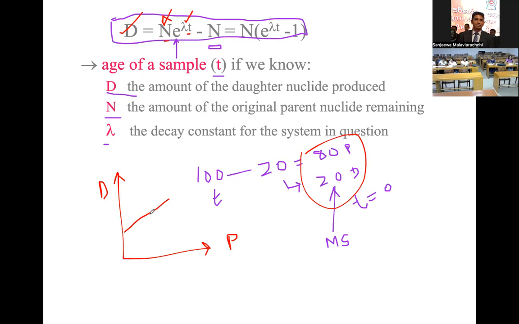Okay, so we plot them and make it a straight line. With that straight line, we will get an intercept, right? That intercept will give you the initial amounts. Okay, and this slope will directly correspond with this component, e to the lambda t minus 1.